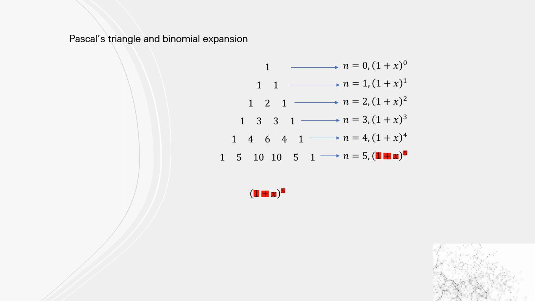What about 1 plus x to the 5? So once again, your coefficients should be 1, 5, 10, 10, 5, 1. So you get 1 plus 5x plus 10x squared plus 10x cubed plus 5x to the 4 plus x to the 5. So those coefficients are very important, and we get them from our Pascal's triangle.